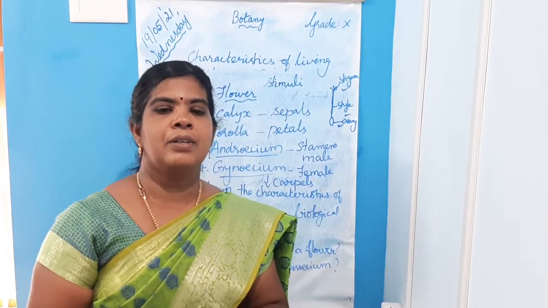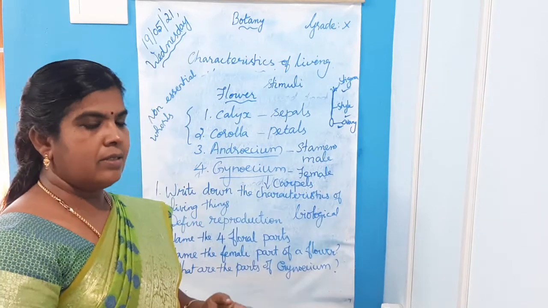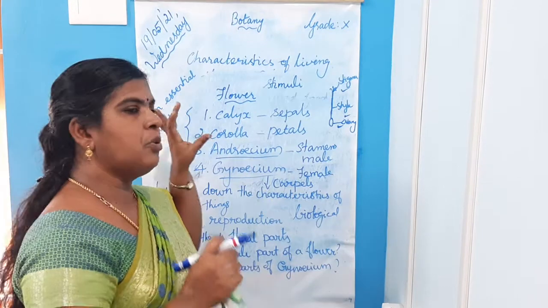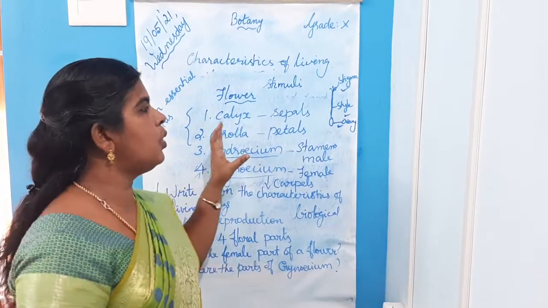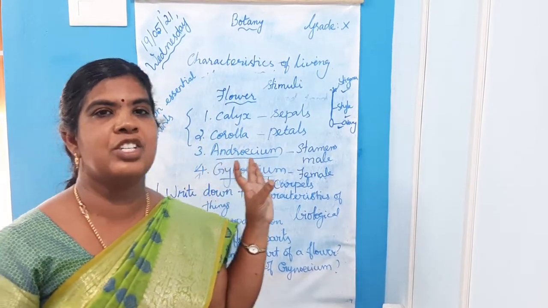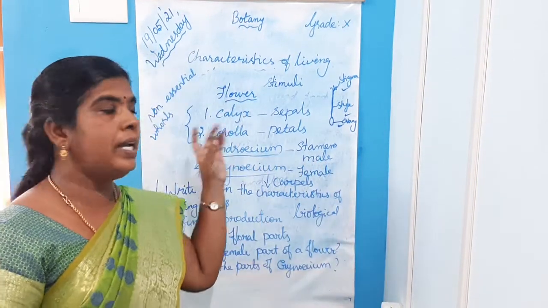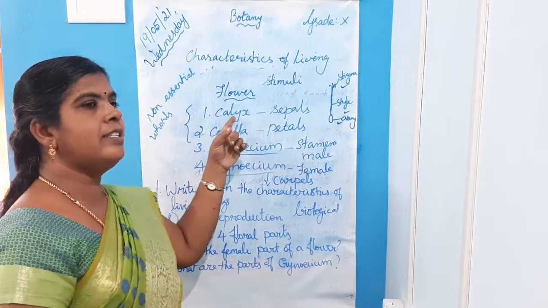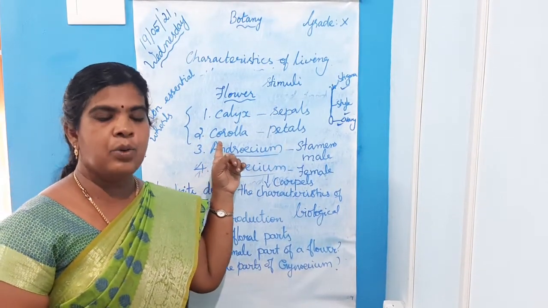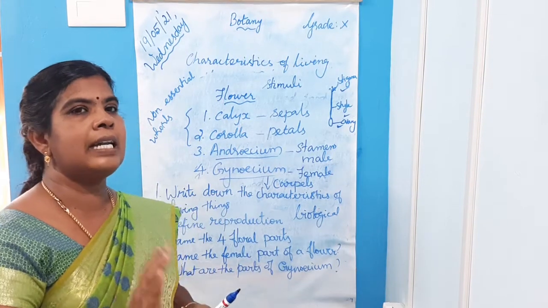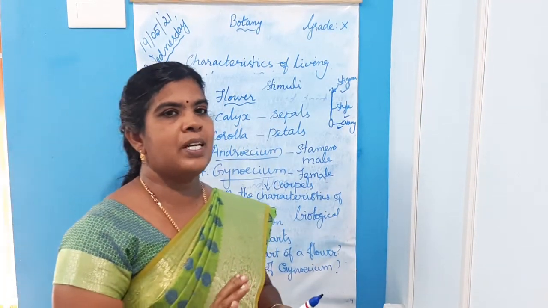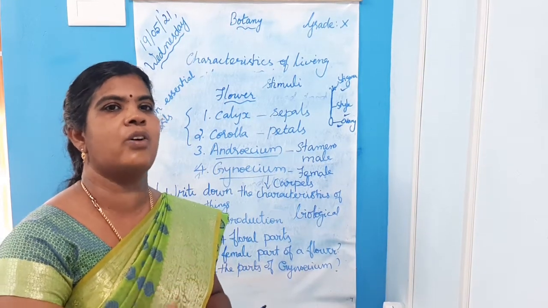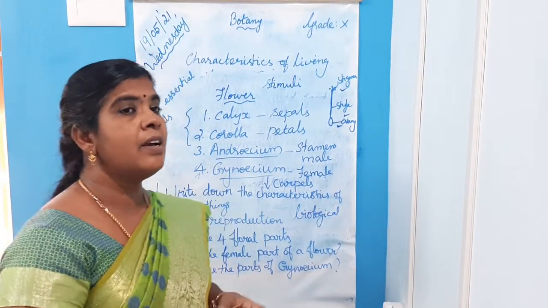Okay, children, you must know why calyx and corolla are called non-essential parts of a flower. Because these two do not directly take part in reproduction, they are termed non-essential parts of the flower.